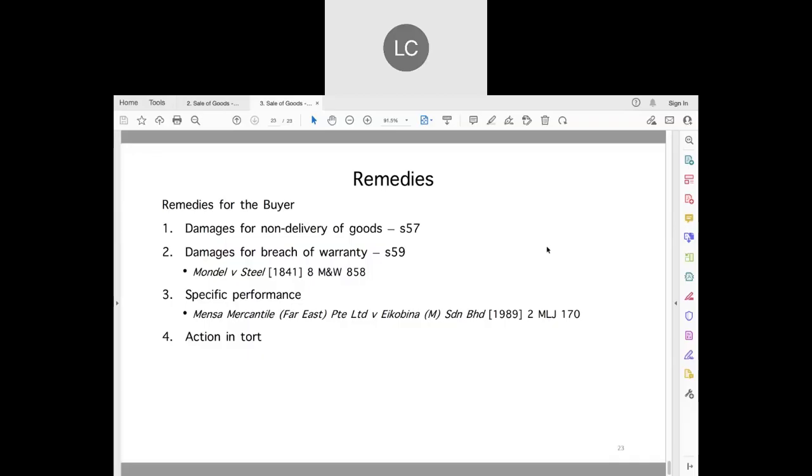Section 57 cannot be applied in the case of anticipatory breach. So there must be a breach, not that you expect a breach would happen. And if the buyer has already paid the contract price, he is entitled to recover the price, in addition to any other damages that are legally obtained.